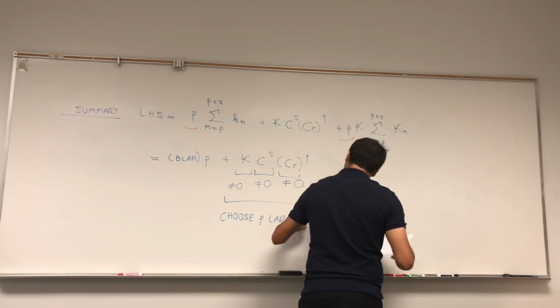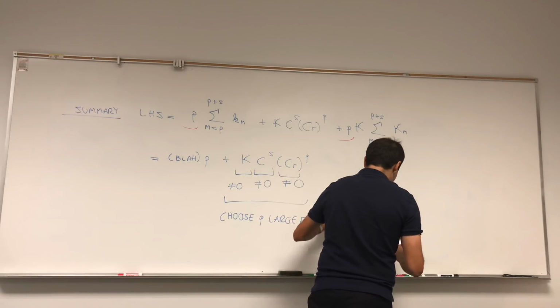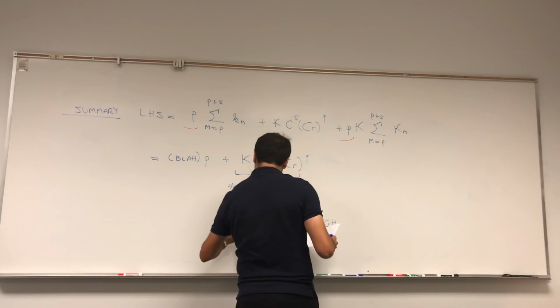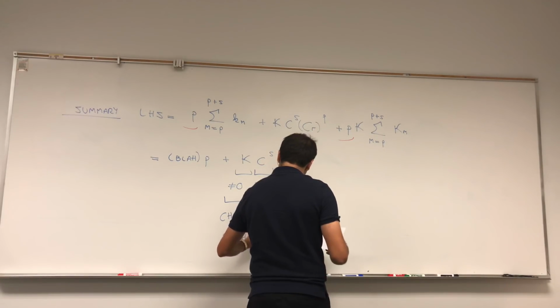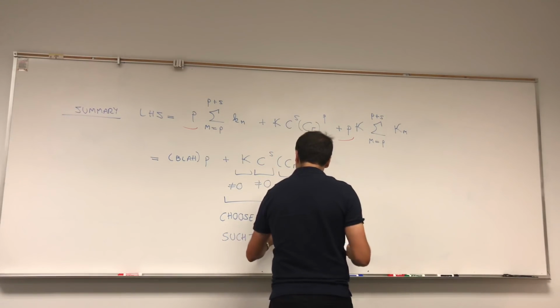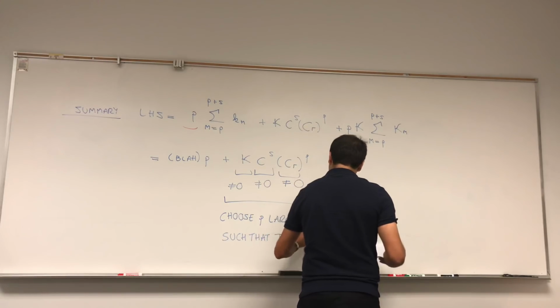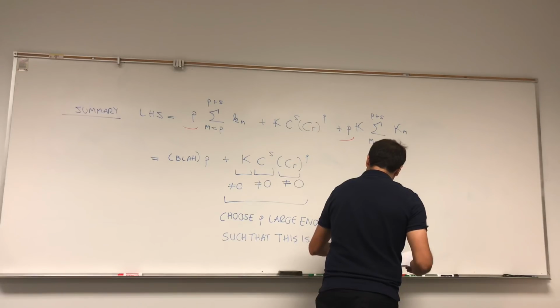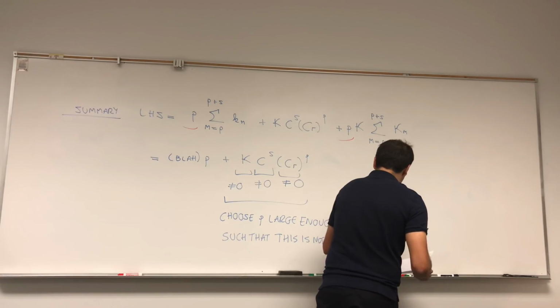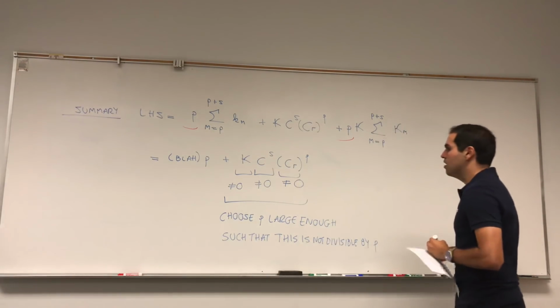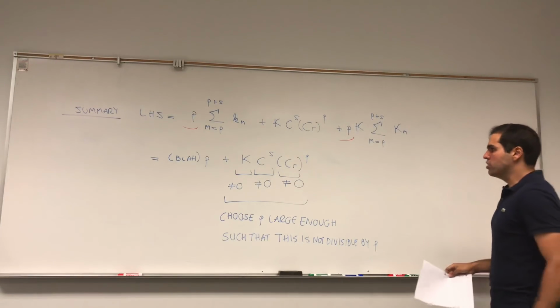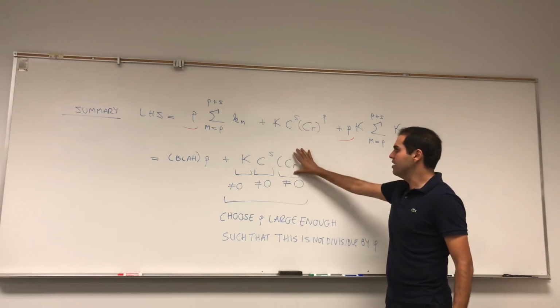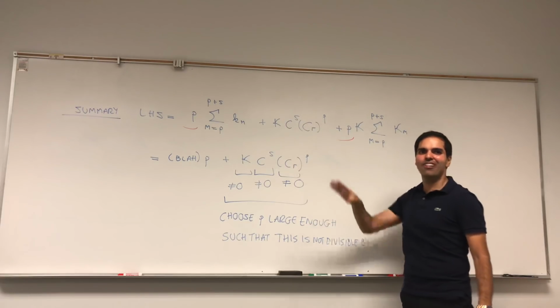Large enough such that this is not divisible by p. In other words, just choose p to be the next prime number that's bigger than that.